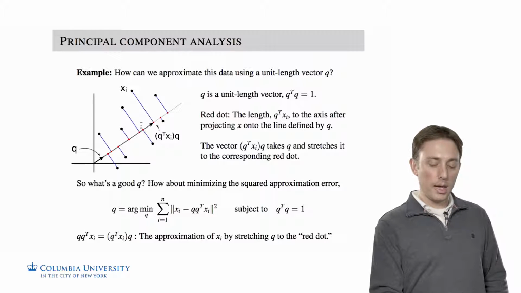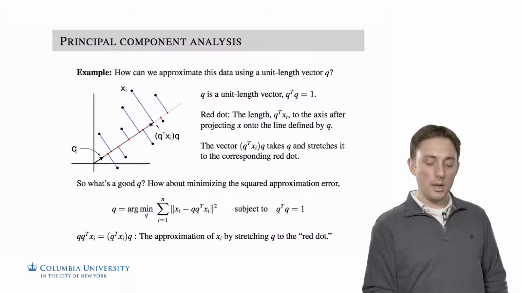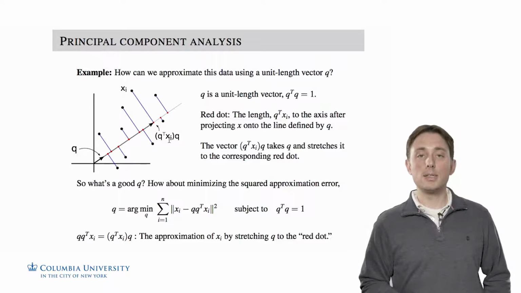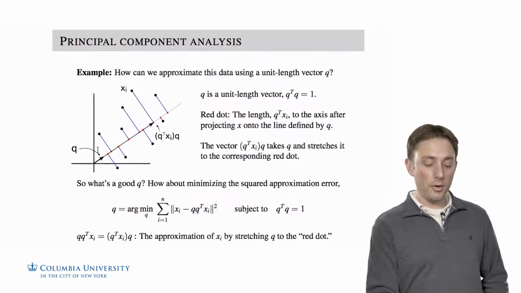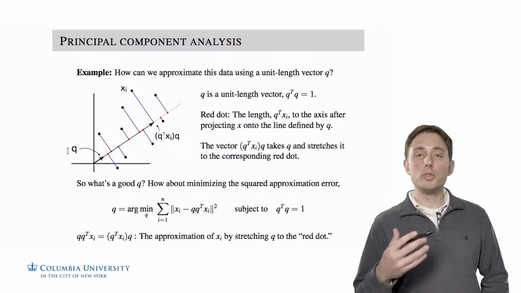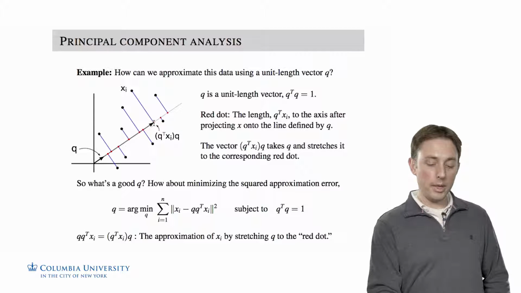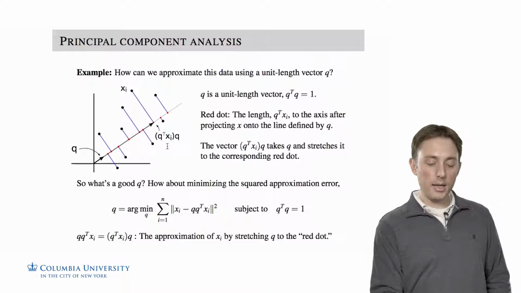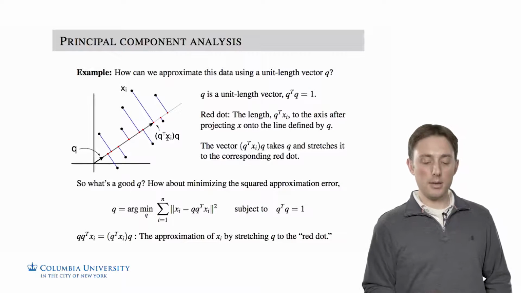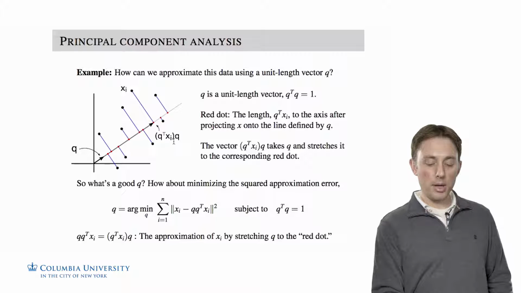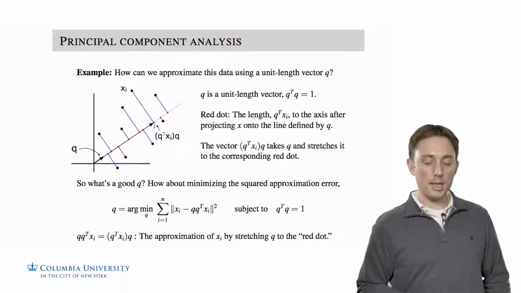So the length from the origin to the red dot that I get by dropping this point x perpendicular to this line defined by q is equal to q transpose times xi. Therefore, if I want to take the vector q and stretch it so that I hit this red point here, which is the closest I can take q and get it to xi, I simply take q and multiply it by the scalar that I get from q transpose xi. So this is the amount that I have to multiply q by to stretch it out to hit that red point.